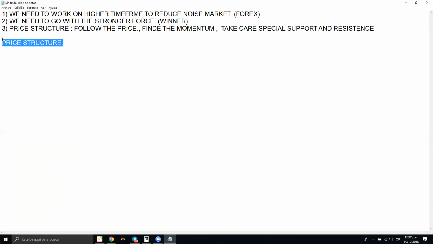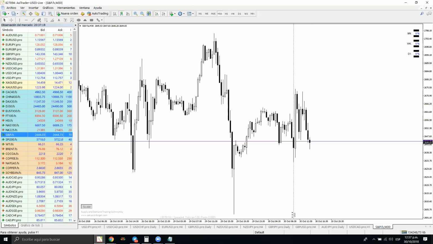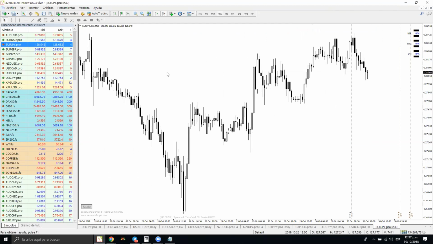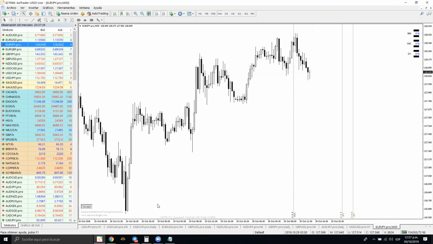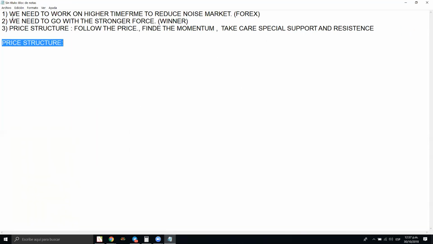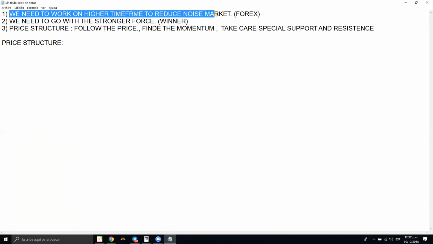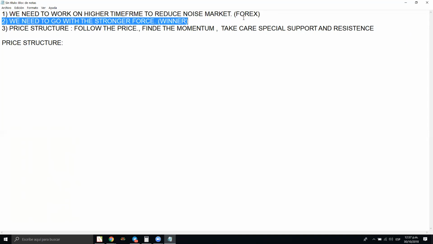Now I will explain why. This is part of the concept. Now we're going to the practical. We are here at this moment, it's going to change to another pair. So now, recalculating this, we need to work in a higher time frame to reduce market noise. This is for Forex. We need to go with the stronger force, we need to be with bullish or bearish.